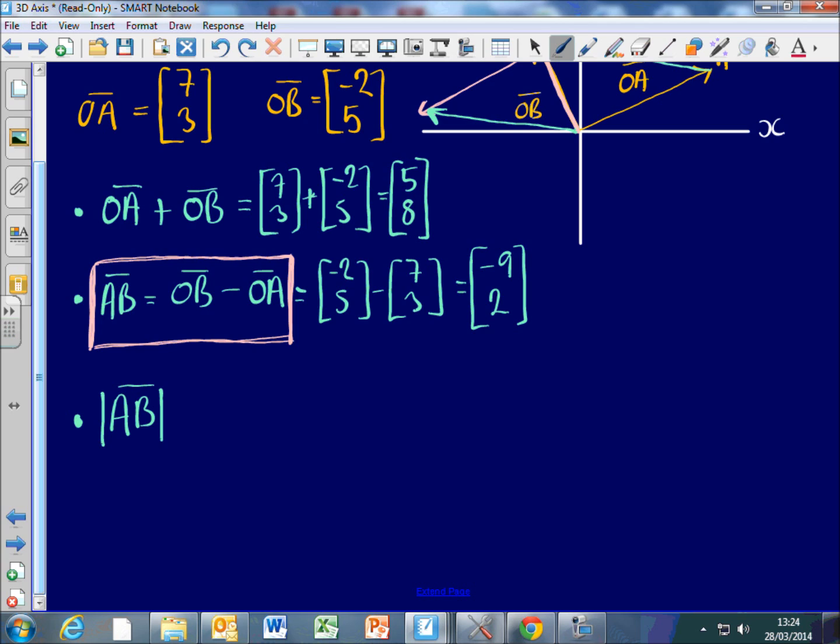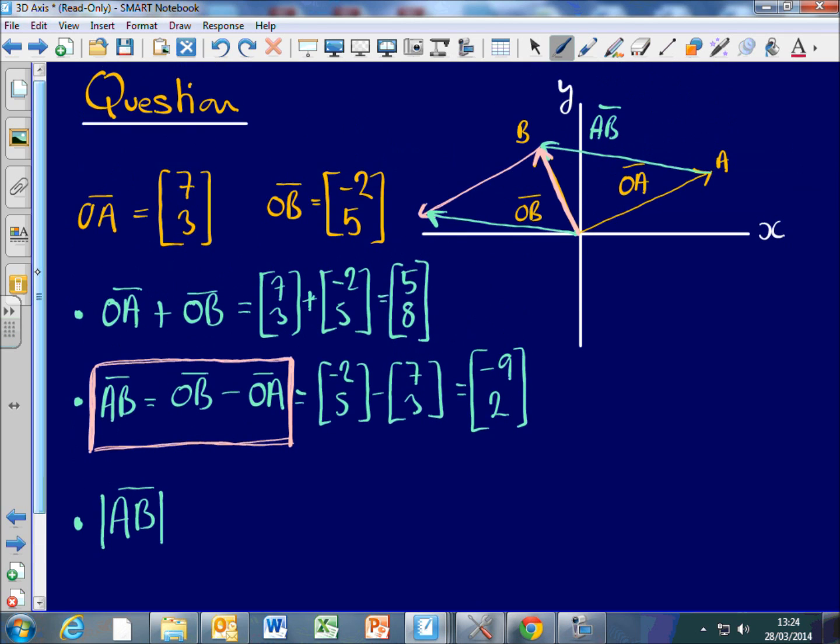Magnitude of the vector A to B. How long is that arrow there, A to B?